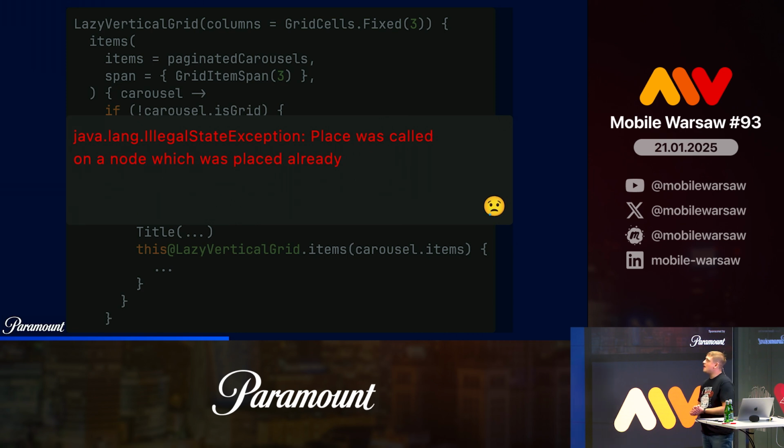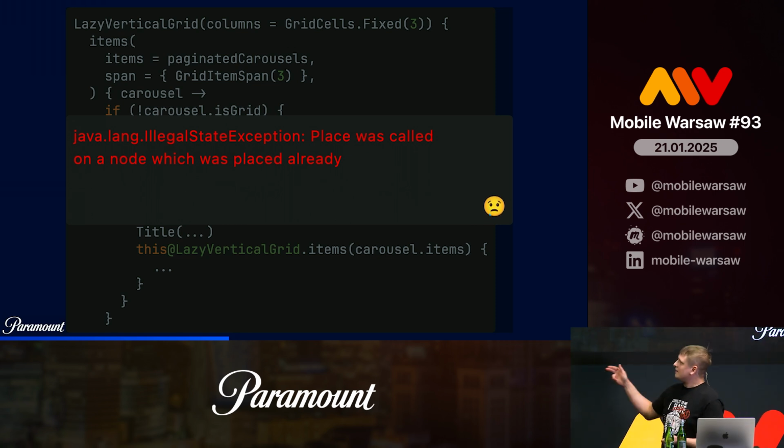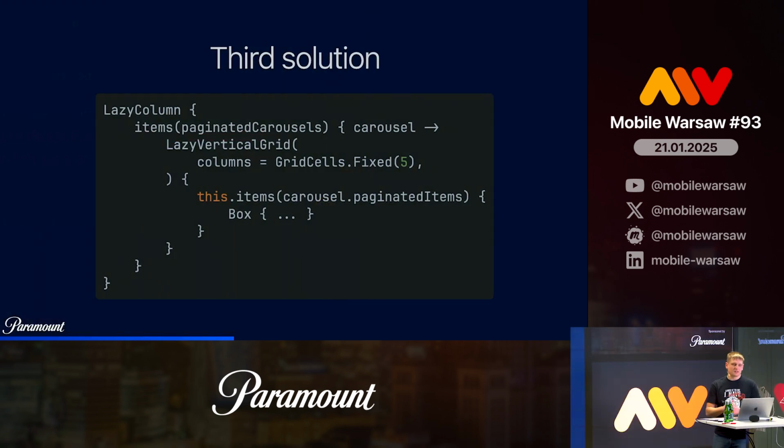So you might get an illegal state exception, place was called on a node which was placed already. So there's a problem because the items normally aren't called from the composable scope. And here they would be, like here in the lower part of the screen. So this solution is completely unacceptable. Let's go further.